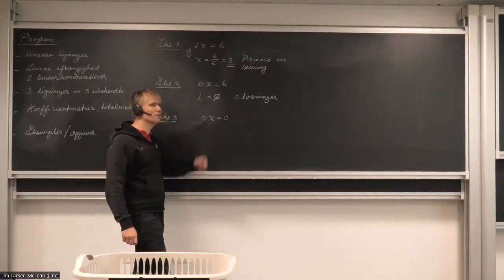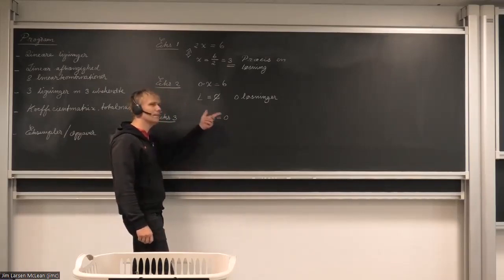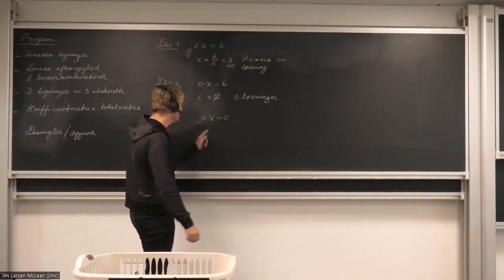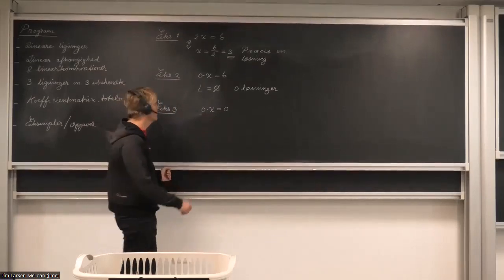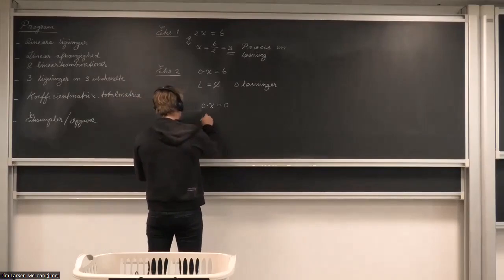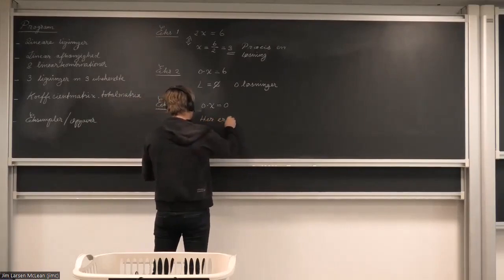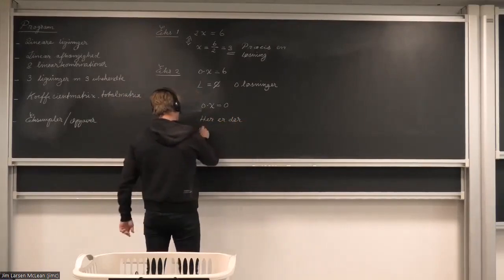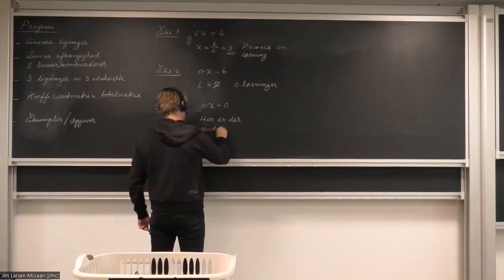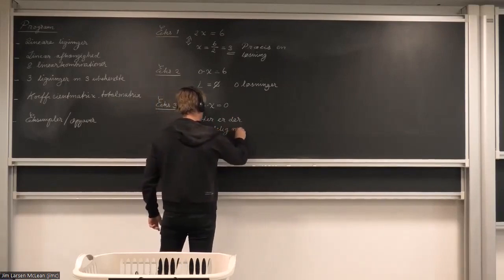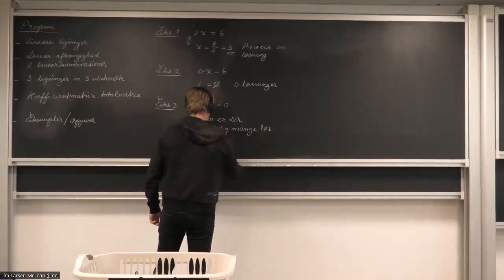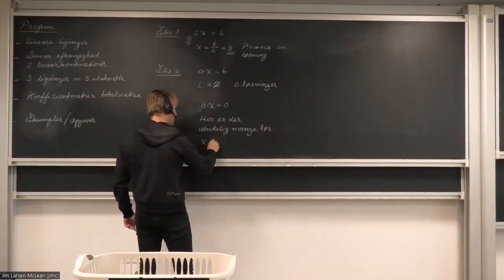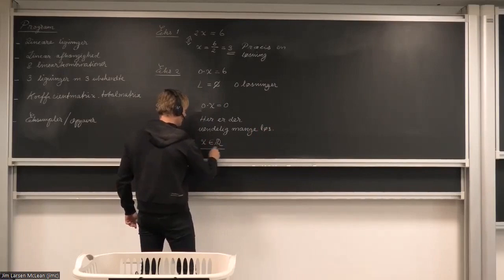Even 0 works. 0 times 0 is 0. 1 works. 0 times 1 is 0. And so on. So here we have an example of a linear equation with infinitely many solutions. So you could say that as long as x bar is some number, it will solve the equation.